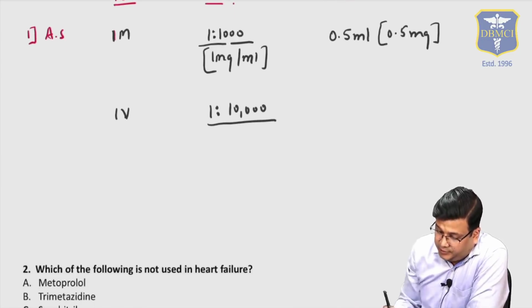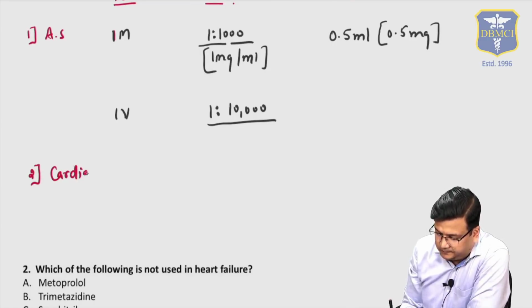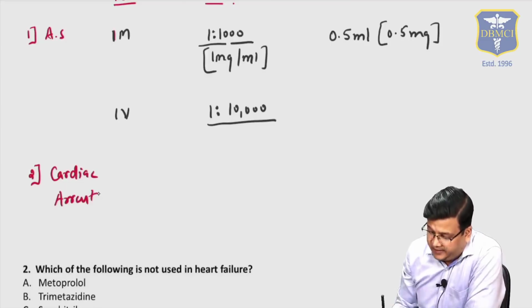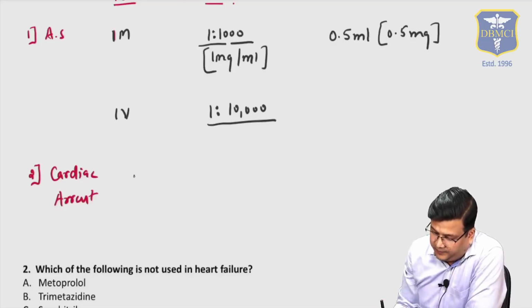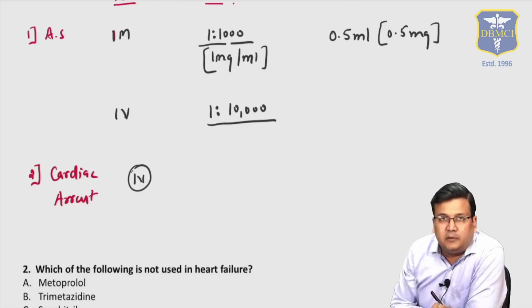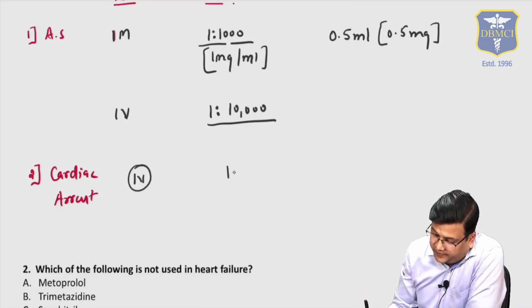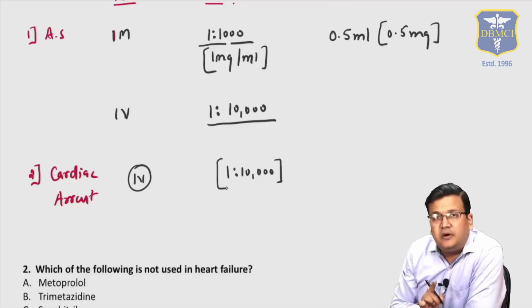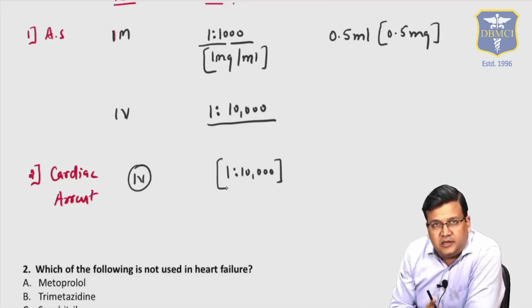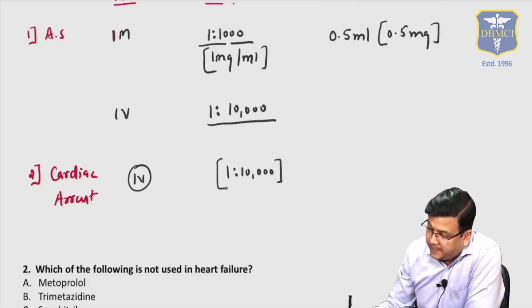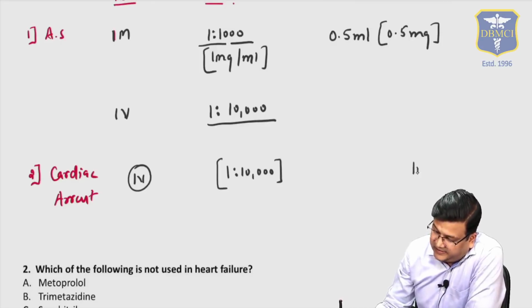The next important use which is asked and pretty confusing to students is cardiac arrest. In cardiac arrest, the preferred route will be intravenous. Whenever we give intravenous, the concentration of adrenaline has to be 1:10,000. 1:10,000 is the concentration in cardiac arrest when we give IV, and the guidelines say that 1 milligram of adrenaline should be given.